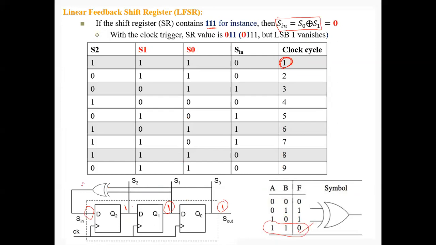Then 0 is here now. That 0 is fed here. This 1 XORed, you get 0, and this 0 is fed here. What happens is this 0 replaces this 1. Now this becomes 0. This 1 replaces this 1, again you have 1. And this 1 replaces this 1. So you have 0, 1, 1.